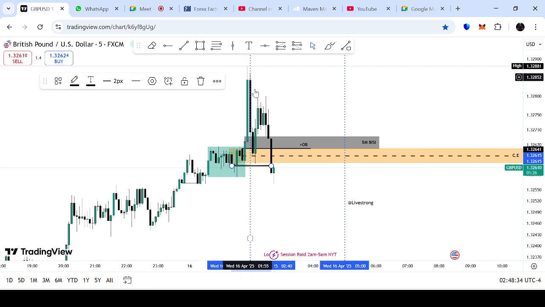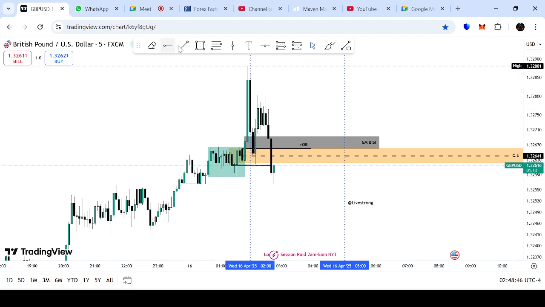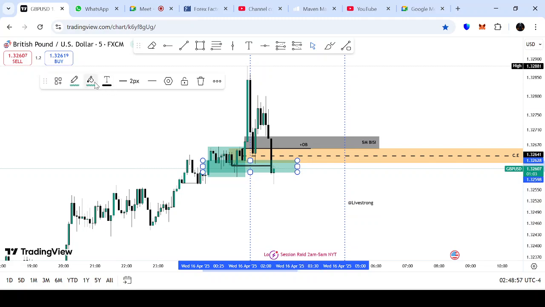Then this is a manipulation, the distribution, taking out the lows there. We have an inefficiency here too. That's BC, buy side inefficiency, sell side imbalance between that candle body low and this wick here.